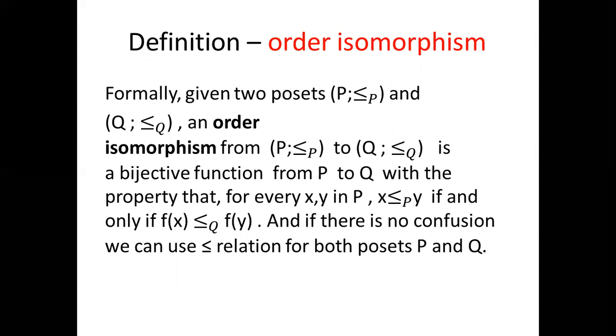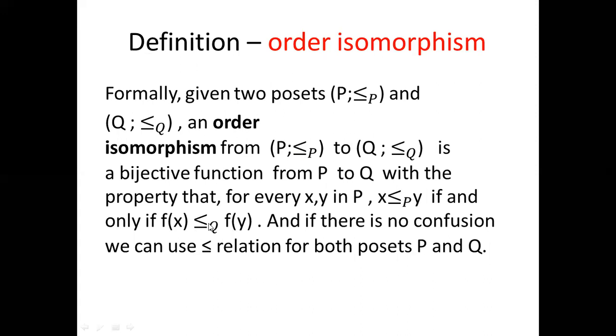Formally, given two cosets P with relation less than or equal to P and Q with relation less than or equal to Q, an order isomorphism from P to Q is a bijective function from P to Q with the property that for every x and y in P, x less than or equal to y if and only if f x is less than or equal to f y.